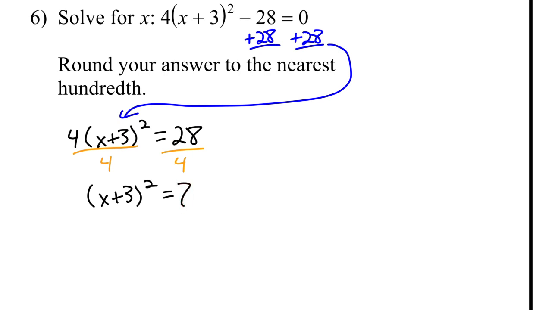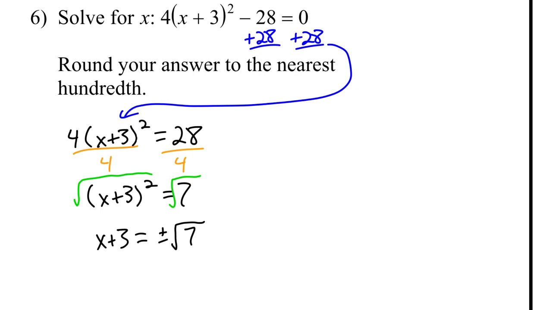Now, the next thing I have outside of parentheses is the power of 2. So to undo a power of 2, I square root. And when I square root, on the left-hand side, I just have x plus 3 is equal to, now I have a positive and negative because I've square rooted, and I get positive and negative square root 7.